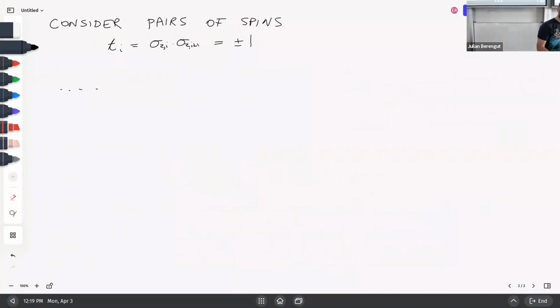So again, up, up, down, down, up, down, up, up, down, and so on and so forth. Let's have a look at the pairs. What are the pairs doing? Here we have the representation of spins, but let's just look at the representation of pairs, and I've defined this thing Ti by definition. I've said it's i and i plus 1.